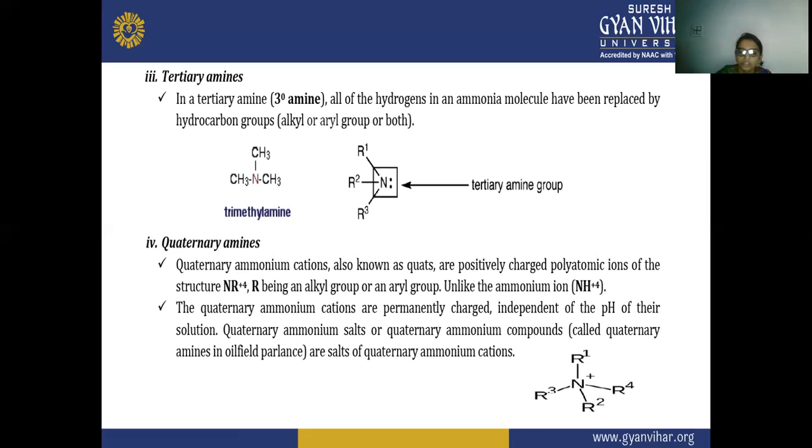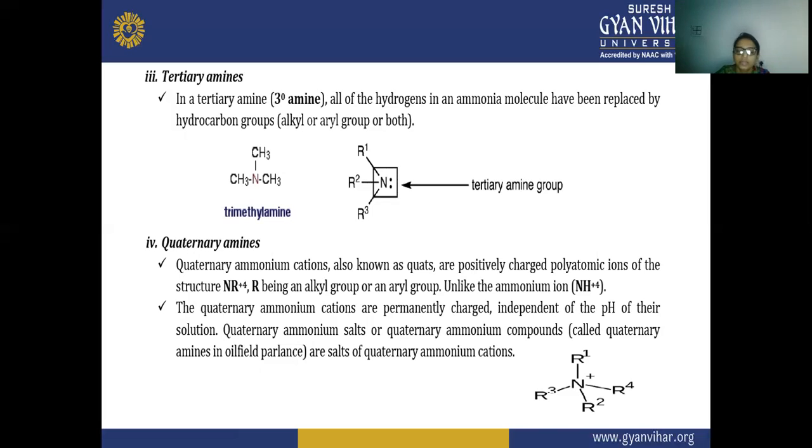In this, you can see the nitrogen has a lone pair on it, and R1, R2, R3 are three alkyl groups, or three aryl groups, or you can say that R1 and R2 are alkyl and R3 is aryl, or R1 is alkyl and R2 and R3 are aryl groups.